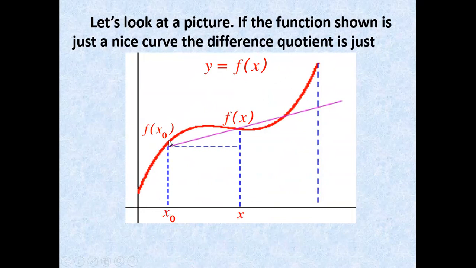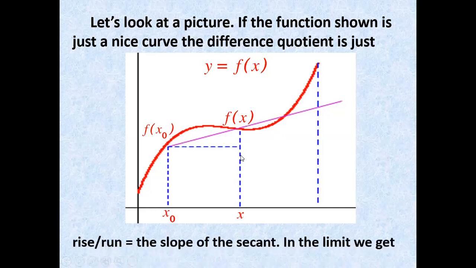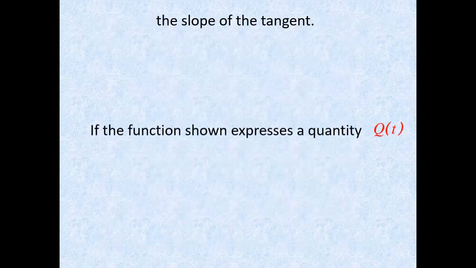So we have a point here, f of x naught, and the second point, the final point, is f of x. Hence we have this rise over run, the slope of the secant line, a line that touches two points of the function. So in the limit we get the slope of the tangent line.